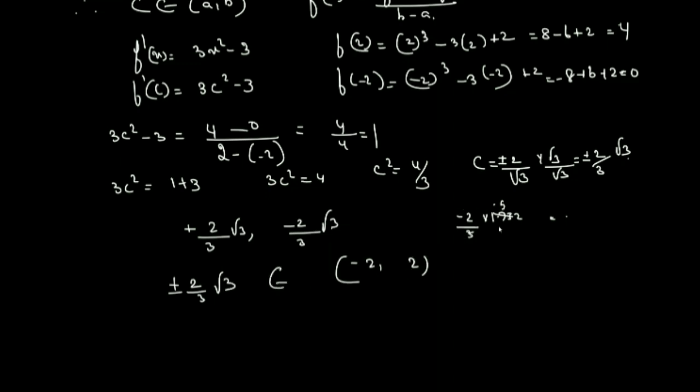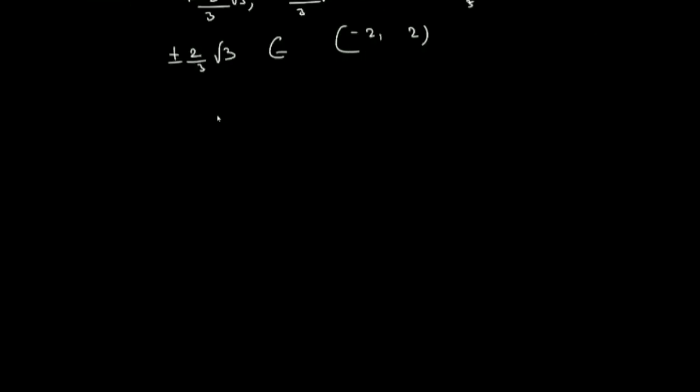Approximately, substitute and check. So the tangent is parallel to the secant at c equal to plus or minus 2 by 3 root 3 in the interval minus 2 to 2.